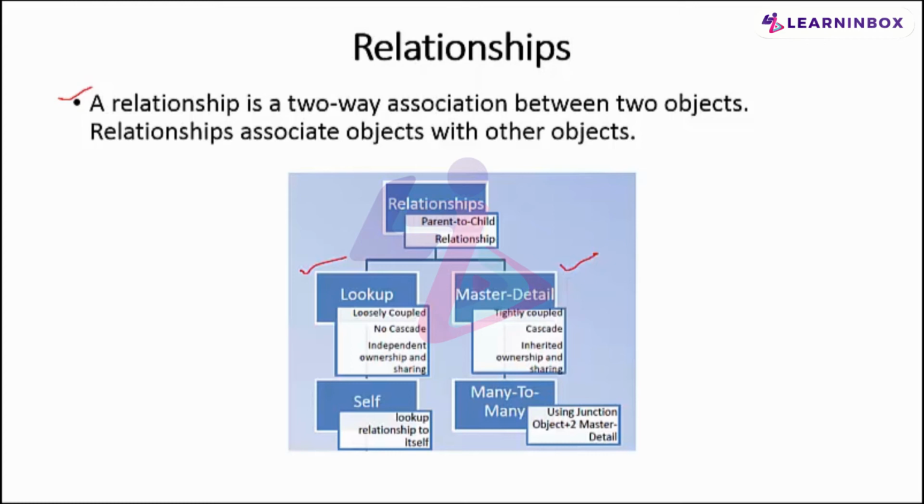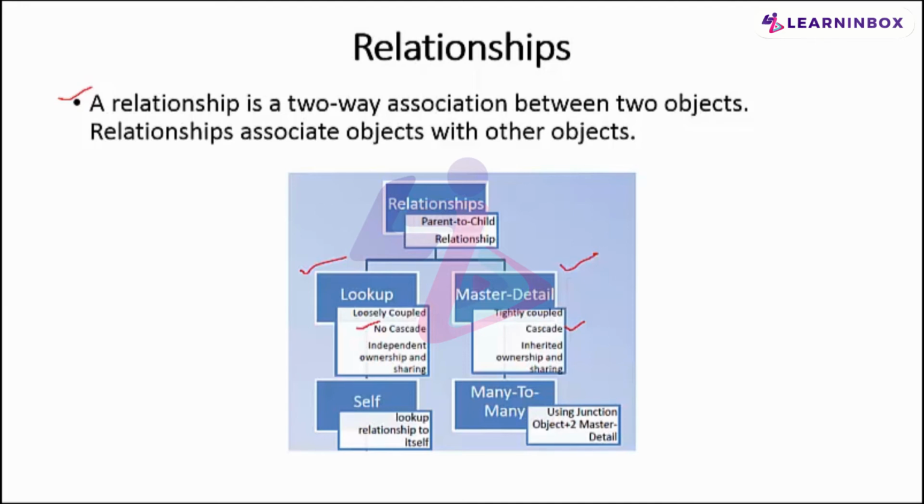See, in all the relationships, we have a parent object and also we have a child object. So in lookup and master detail relationships, on one side we have no cascade deletion and on the other side we have cascade deletion. Understand what cascade deletion is.